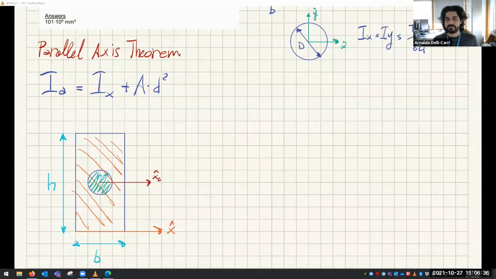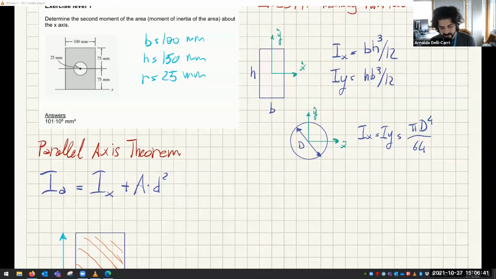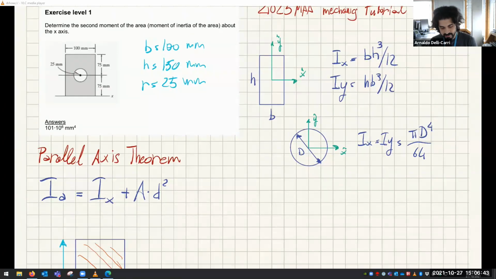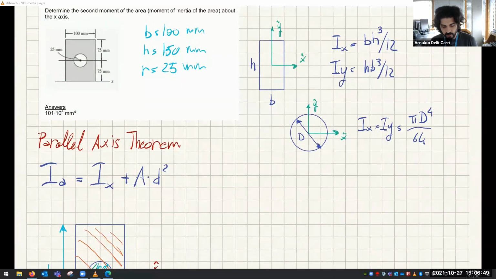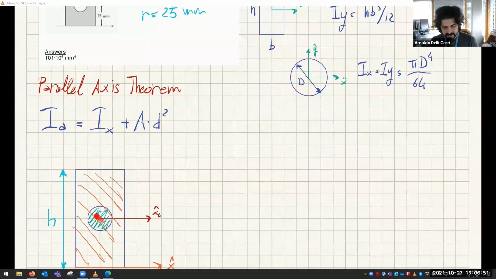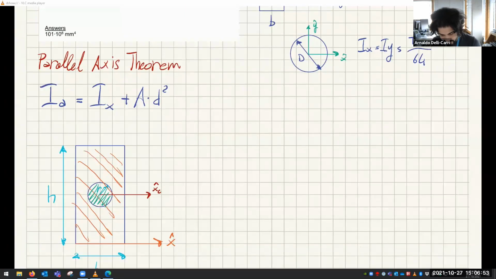I can do this. I can always do this. The second moment of area of this complex shape is just the second moment of area of this large rectangle minus, because I'm cutting a hole out of it, the second moment of area of this circle here. So let me do that in formulae.